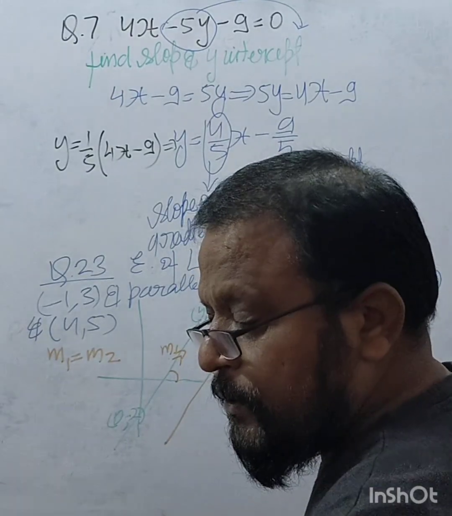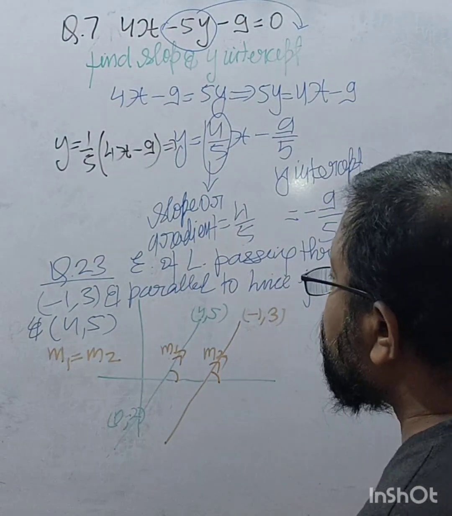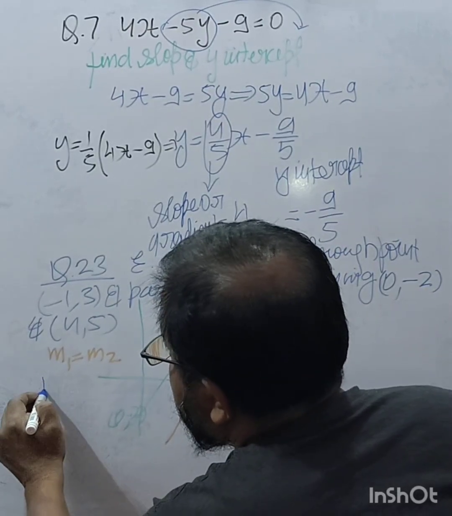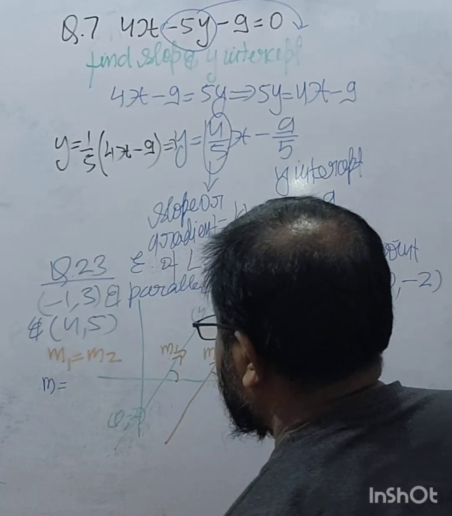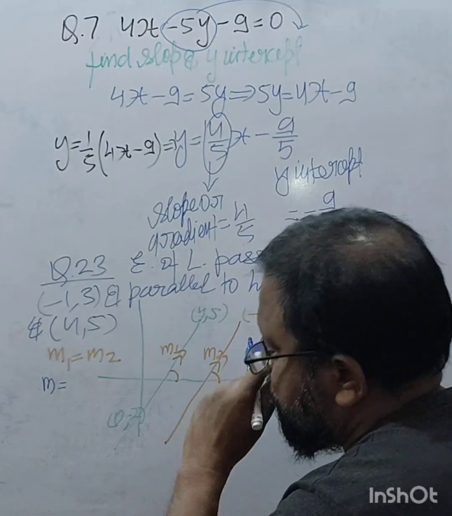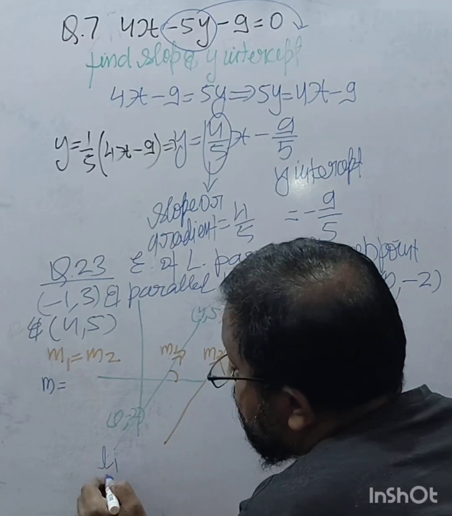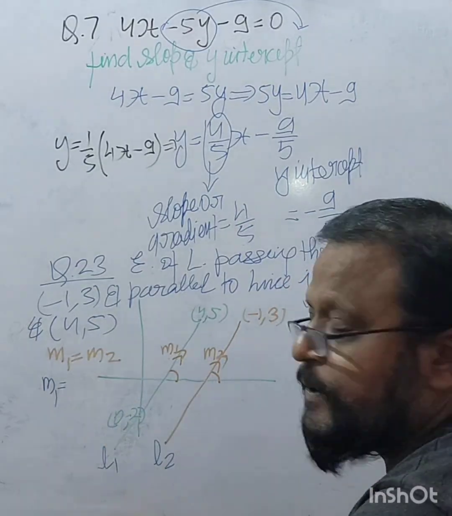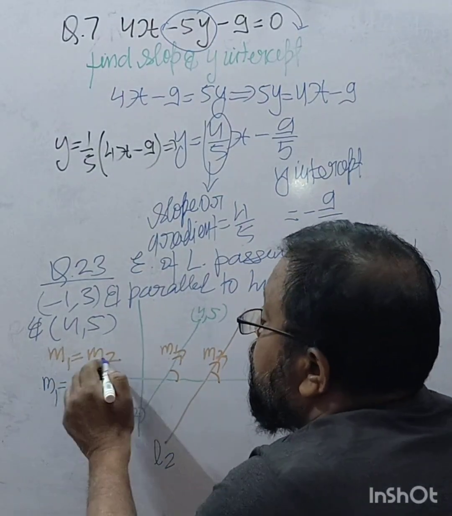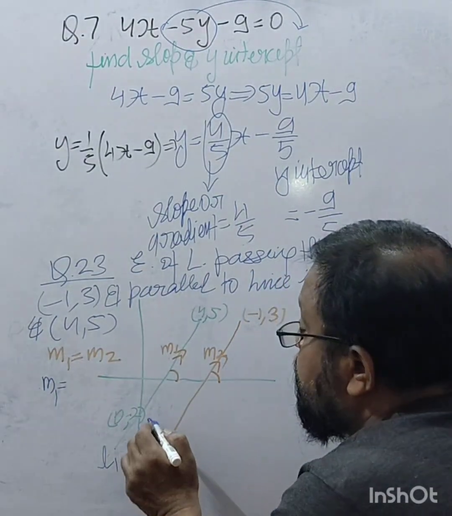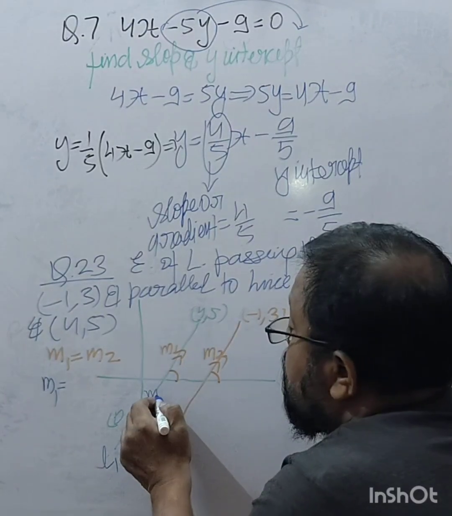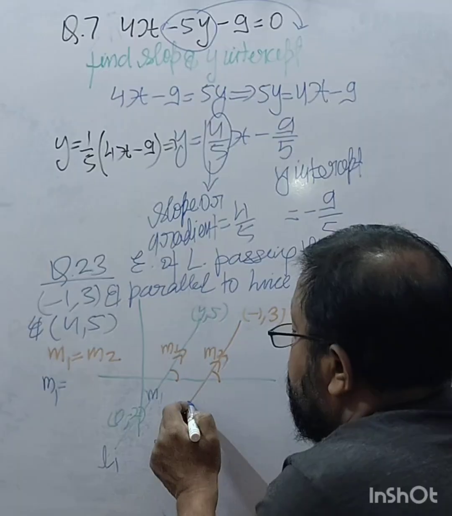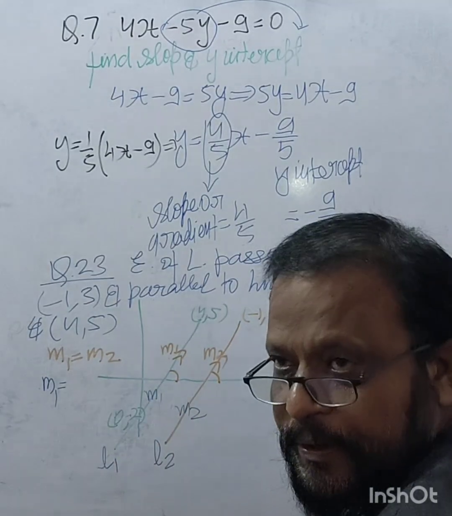So this is line 1, so its slope is m1. This is line 2, its slope is m2. m1 is equal to m2.